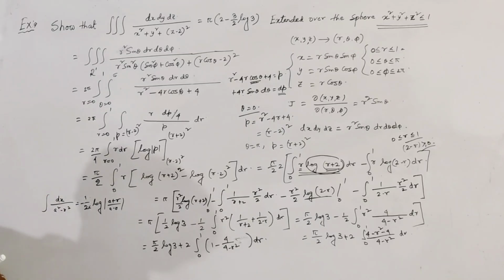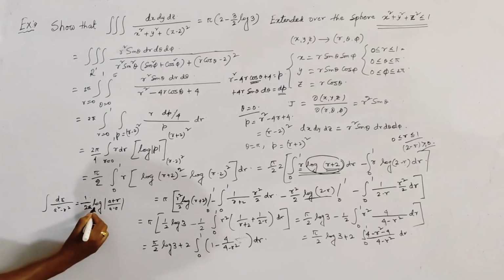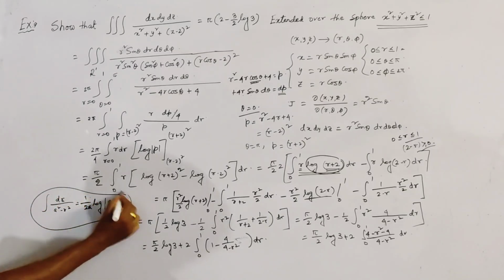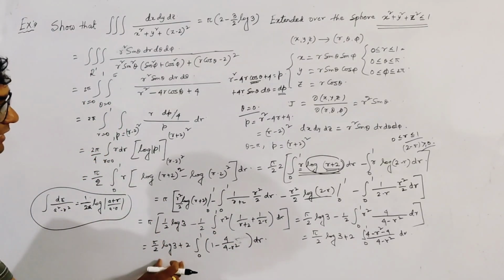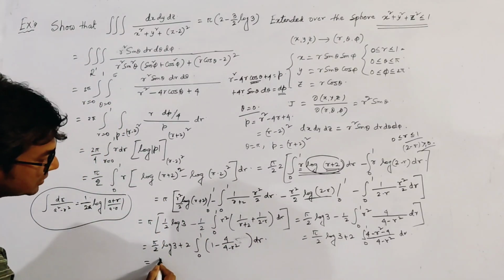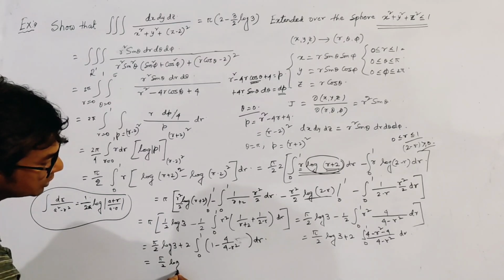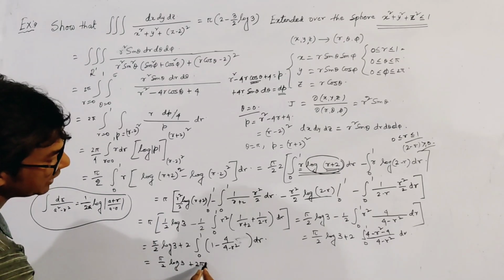The formula of this integration is given by integration dr by (a square minus r square) equal to 1 by 2a into log of mod (a + r) by (a − r). This is the formula of integration for this integration. Okay, so we get pi by 2 into log 3 plus 2 into pi.